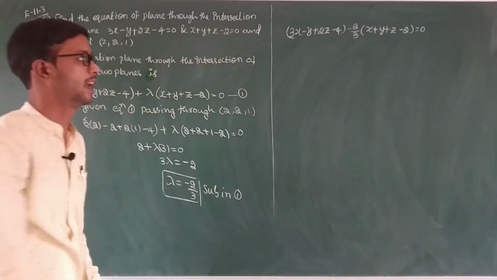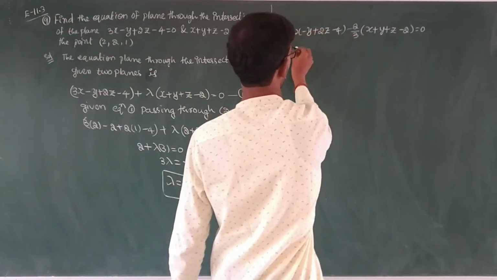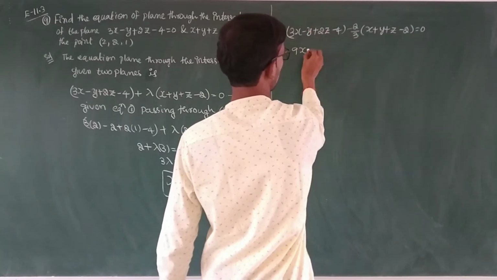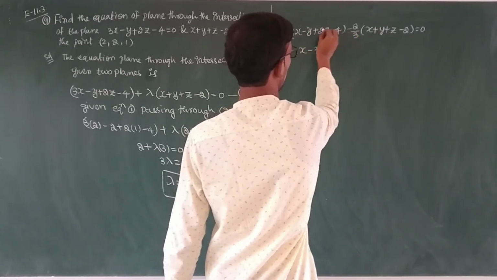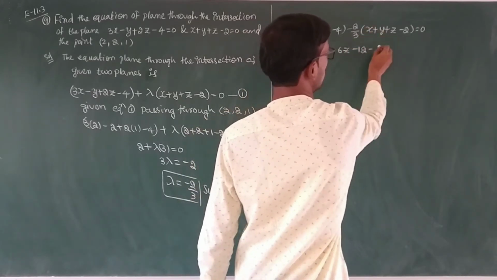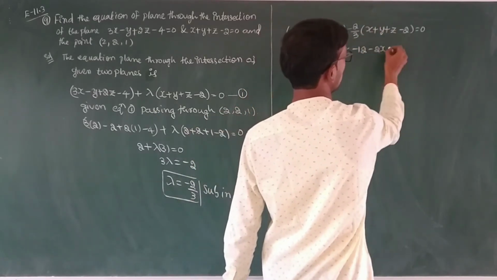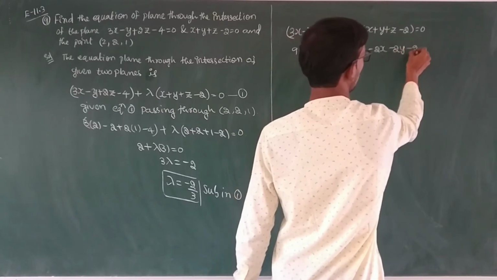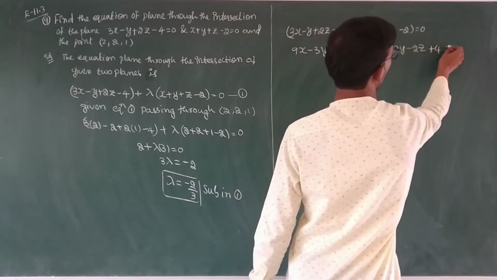Simplify this one, take the LCM 3: 9x minus 3y plus 6z minus 12, minus 2 multiplied inside, minus 2x minus 2y minus 2z plus 4 equal to 0.